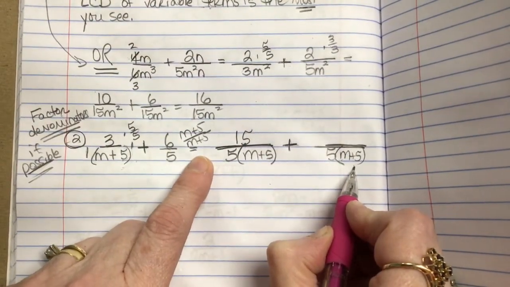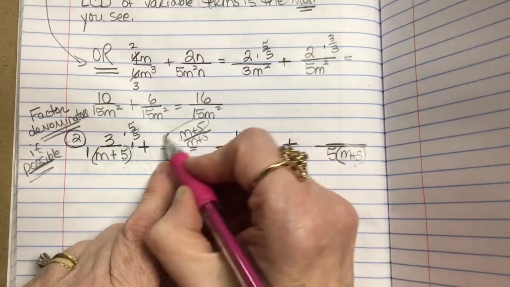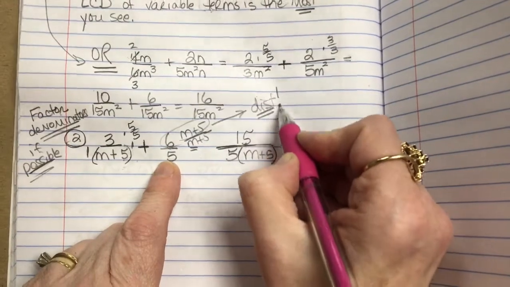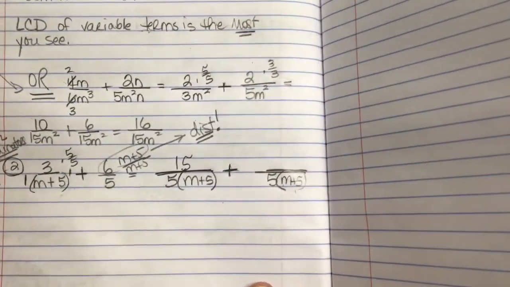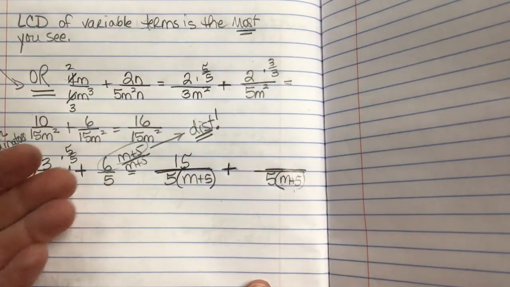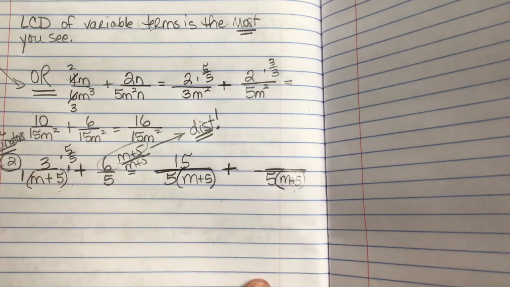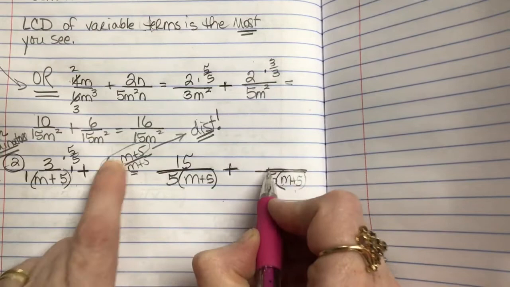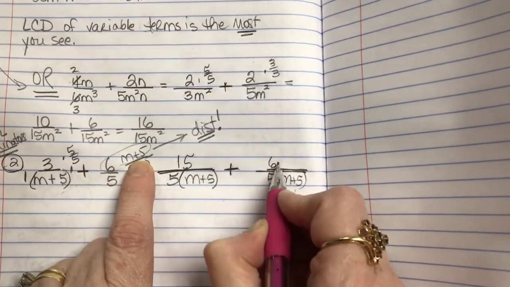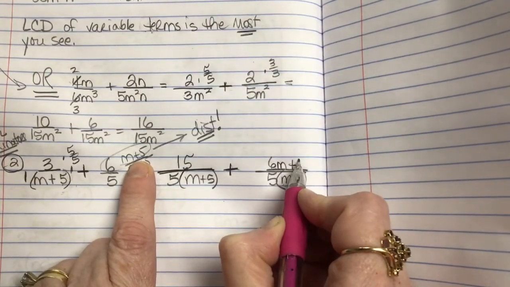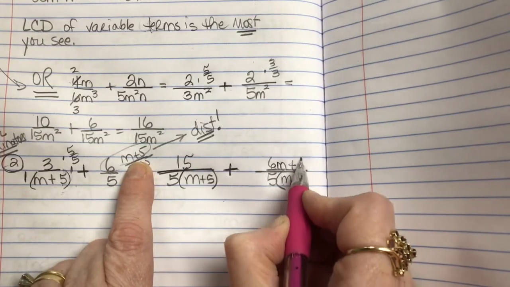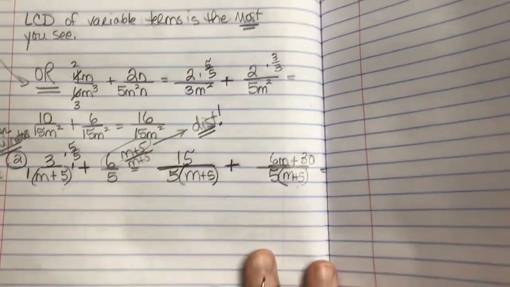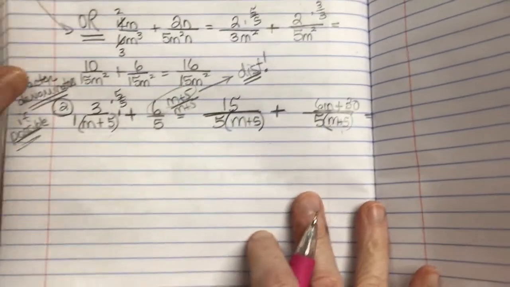The top, you go ahead and distribute, because, dear Aunt Sally knows that if we're going to add terms, we have to have no parentheses. So we're going to go ahead and say 6m plus... I went on and distributed it. Go ahead and distribute. And now, if you've done lesson 19, it looks like 19.